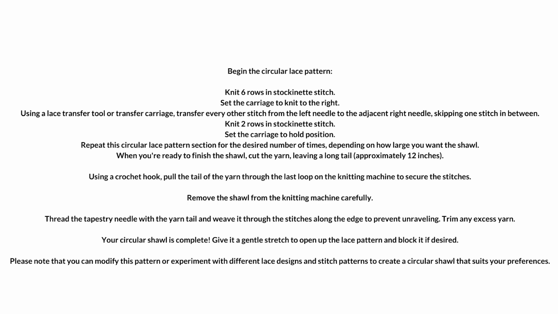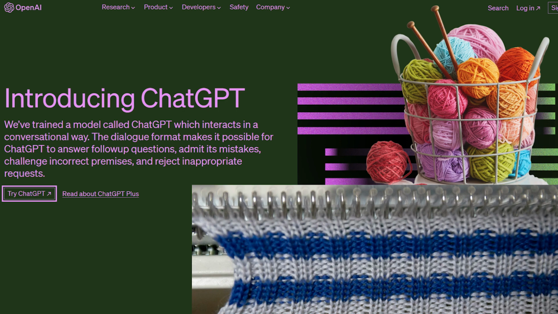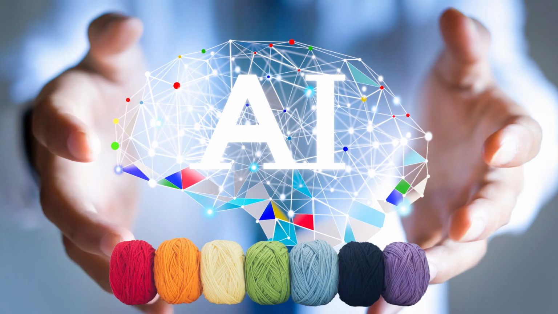So at the first look, this whole AI-generated pattern looks impressive. It has a lot of knowledge about knitting machine, but again, there are a lot of details that are wrong. So the good thing is that you don't have to worry about AI taking over your job or them being smarter than you.